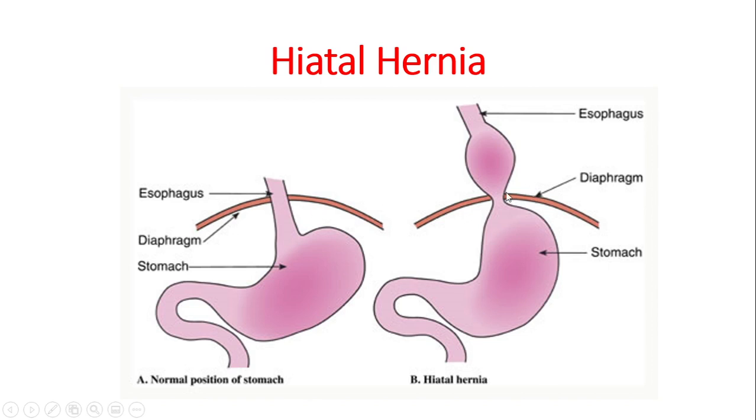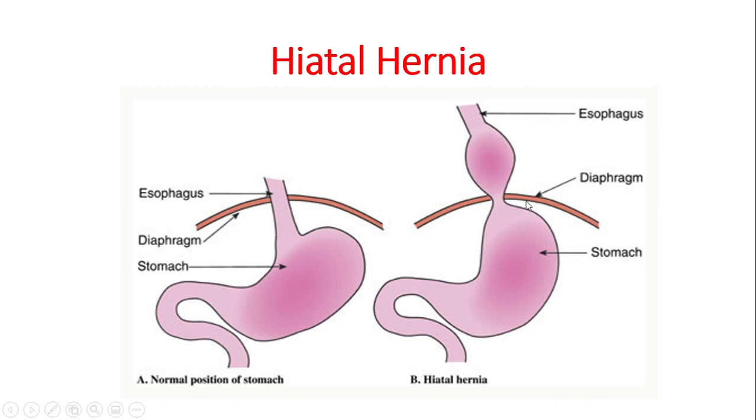In hiatal hernia, there is widening of this opening and bulging of part of the body and fundus of the stomach into the chest. That is the commonest type, which we call the sliding or axial type of hiatal hernia.